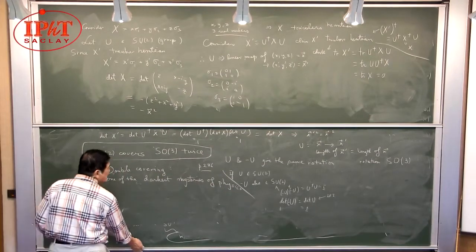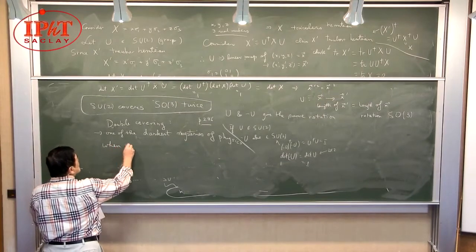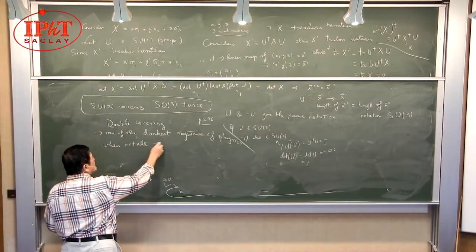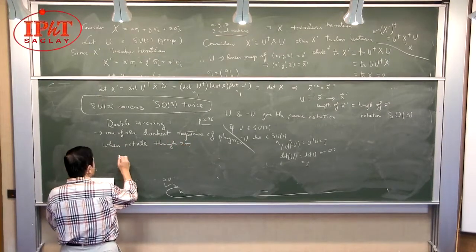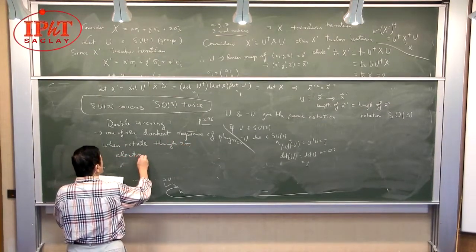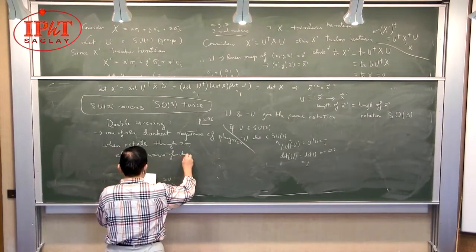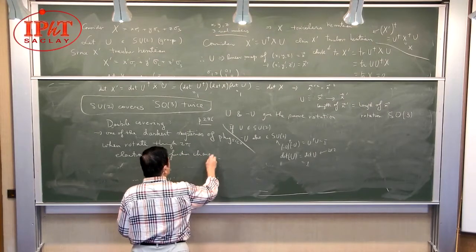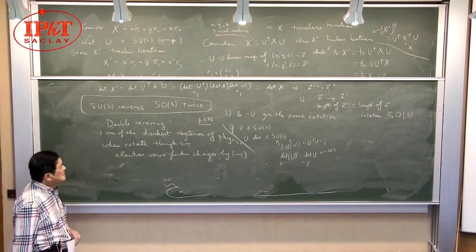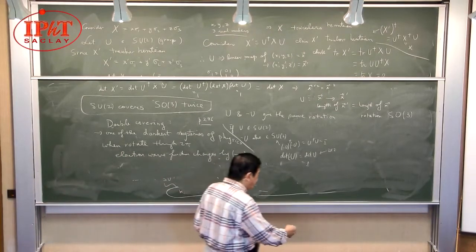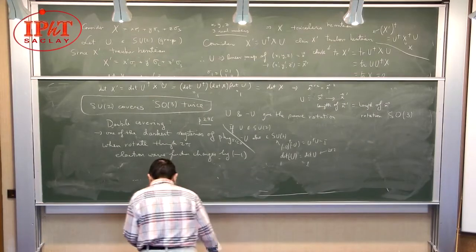Because what that means is that when we rotate through 2 pi, the electron wave function changes by -1. Okay? So you need to rotate by 4 pi in order for the electron wave function to come back.